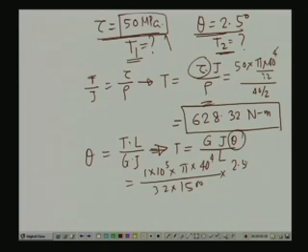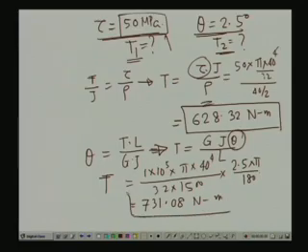So, 2.5 into pi by 180 radian, and this gives us the value of T as equals to 731.08 Newton meter.